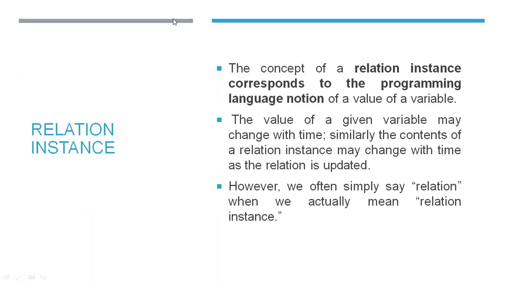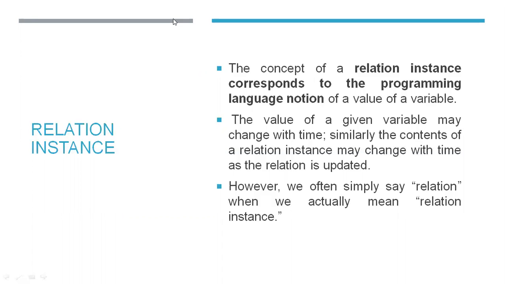The name itself, variable, indicates that the value of that particular variable is going to be changed depending on the program. Suppose C equal to 5. At some stage of a program, C can be modified with some other value. That's why C is called a variable. Similarly, a relation instance is like a variable. The contents of a relation instance may change with time as the relation is updated.